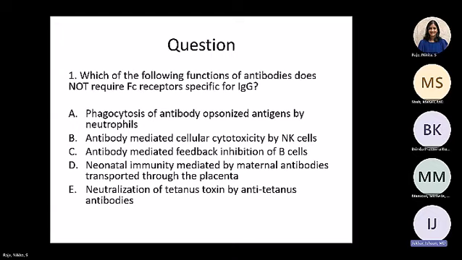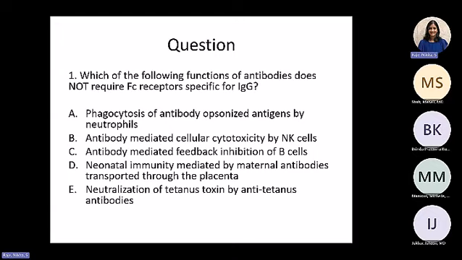I'm not sure about this one, but I'll go with choice C, antibody-mediated feedback inhibition of B cells. So that does require FcR2b, right? That's your feedback inhibition. So it requires that Fc receptor. So neonatal immunity requires FcRn. ADCC by NK cells, option B, requires Fc gamma R3b, R3a, so CD16.